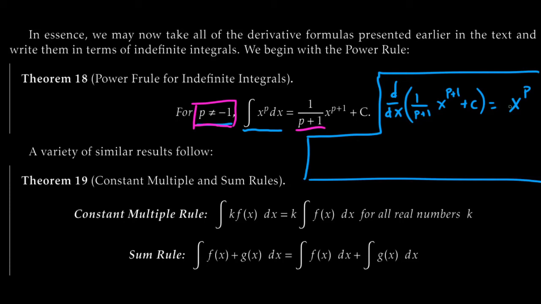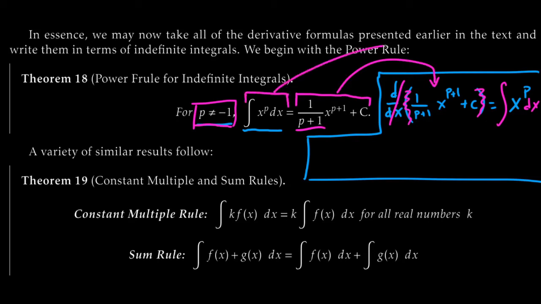Here's a derivative law that we already know. Here's everything we do to turn this into an integral. All we do is get rid of the d/dx, scribble out those parentheses, put an integral and a dx. Wow, we did it. It's this thing right here, and then the other side is right there.